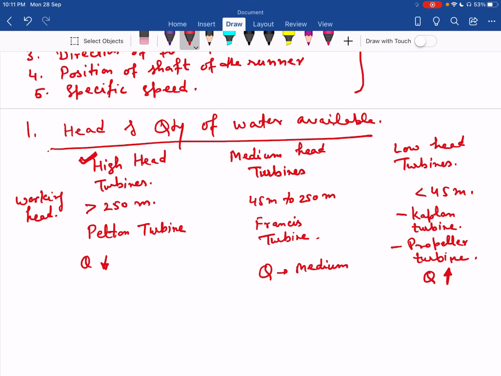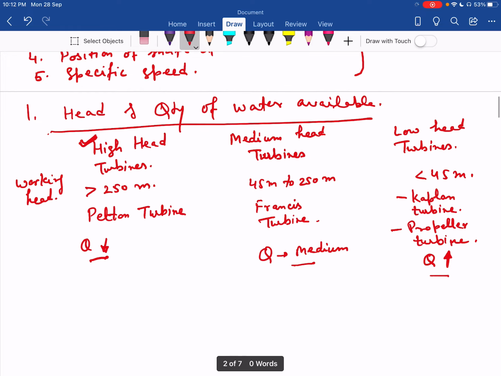So on the basis of quantity, high head turbines require low discharge, medium head turbines require medium discharge, and low head turbines require high discharge. So this is the first classification.